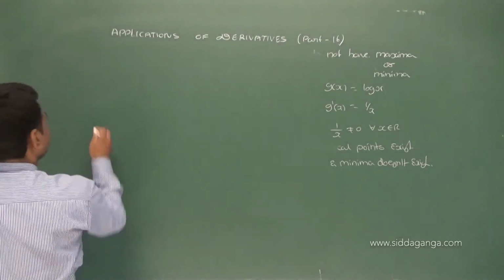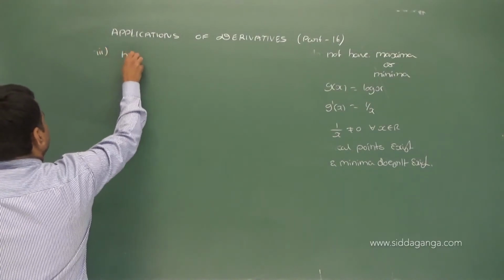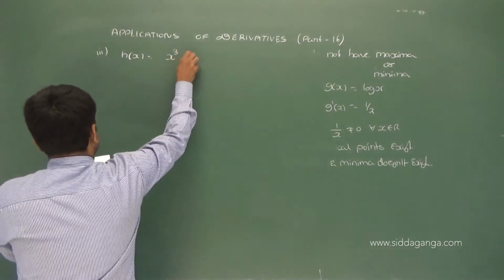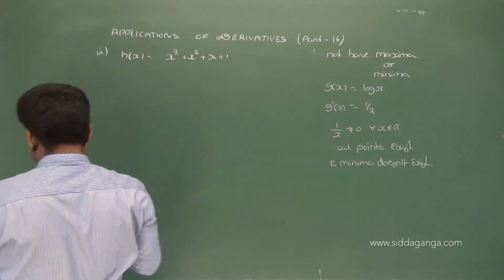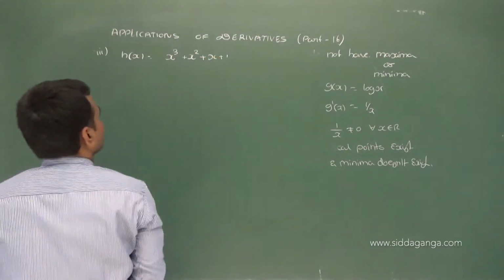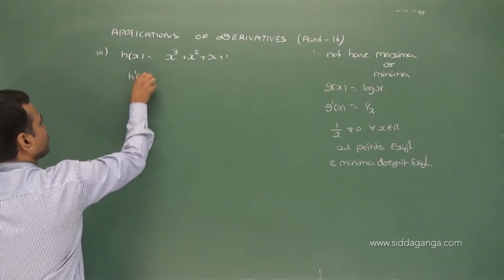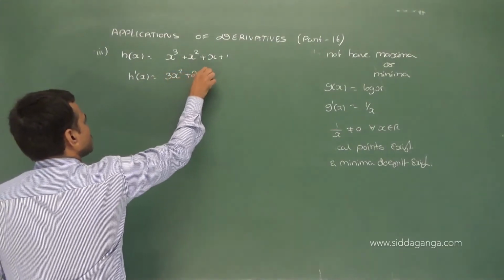Third, one more question. H of x is x cube plus x square plus x plus 1. H dash of x is 3x square plus 2x plus 1.